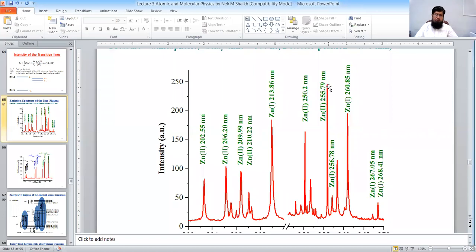So 255 has a higher intensity and 202 has a lower intensity. Intensity is defined as the number of photons. This means that the atoms of the 255 level are more populated, that's why the number of photons emitted through this level is maximum.